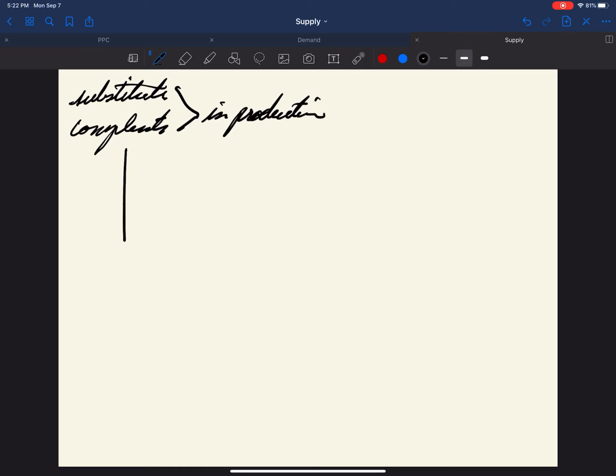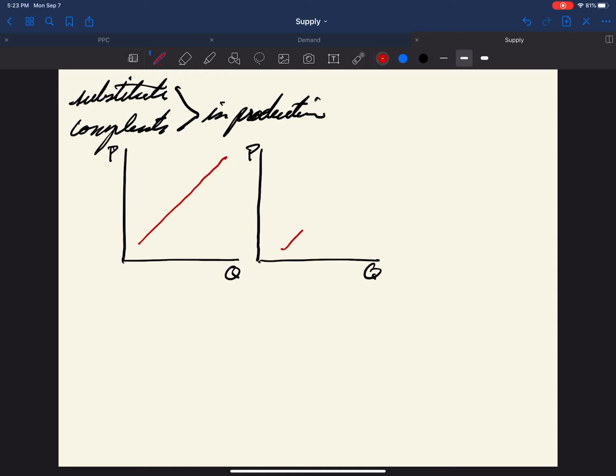So say, for example, that I had steak and milk. And let's make these substitutes in production. Now, let's say that the price of steak increases from P1 to P2. Okay?